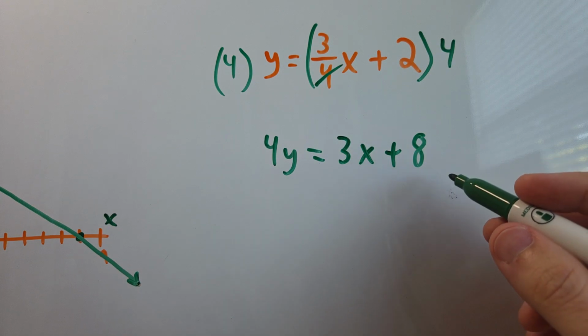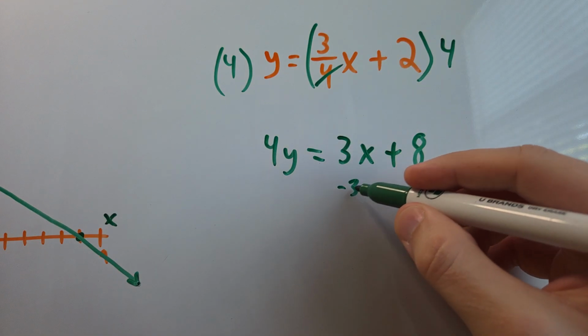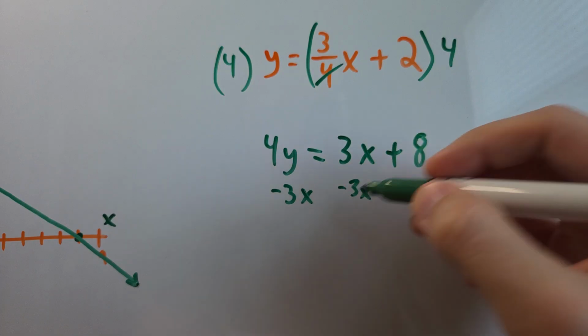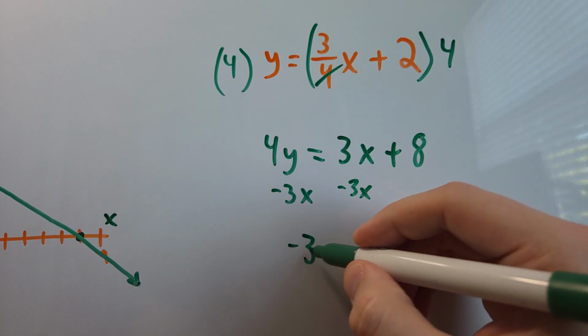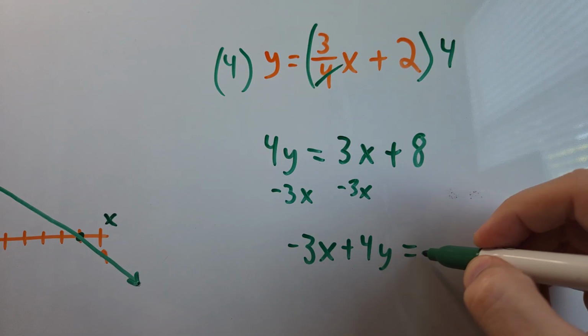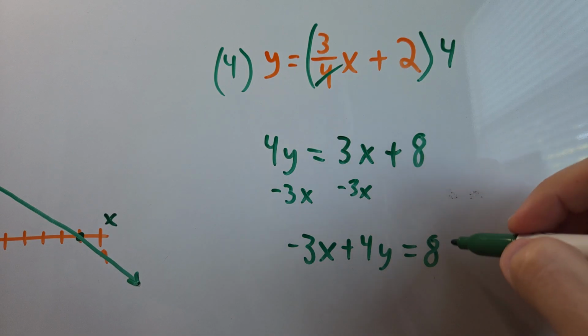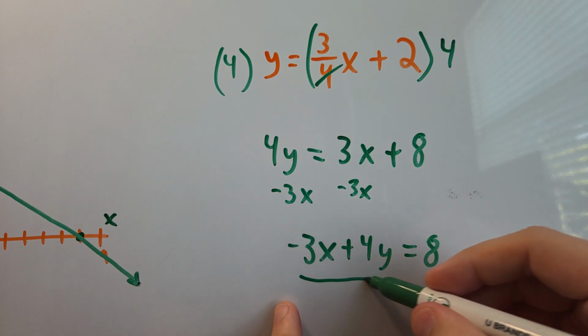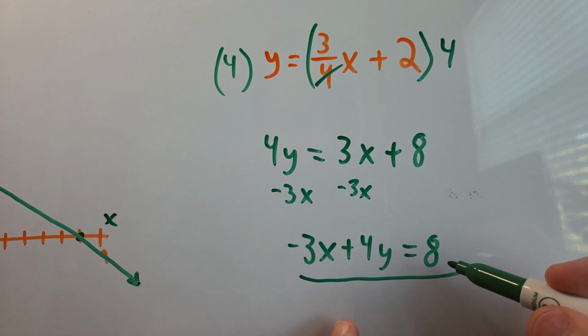Now we just have one last thing to do. We got to bring 3x over to the other side. And that's it. This gives us the standard form for a linear equation. 3 was positive, so we can just keep it as such. This is standard form of a linear equation.